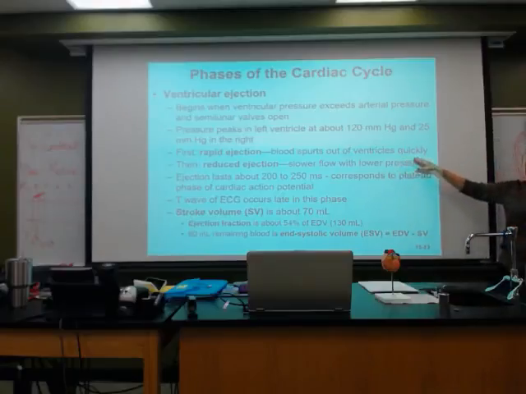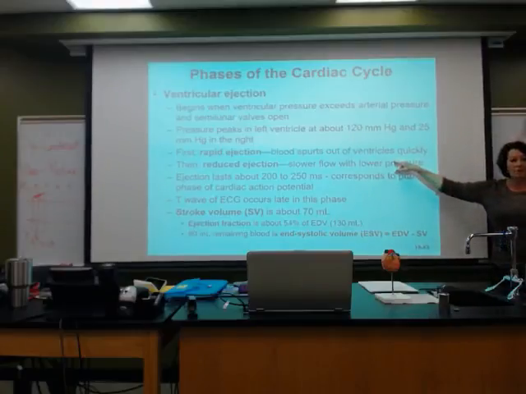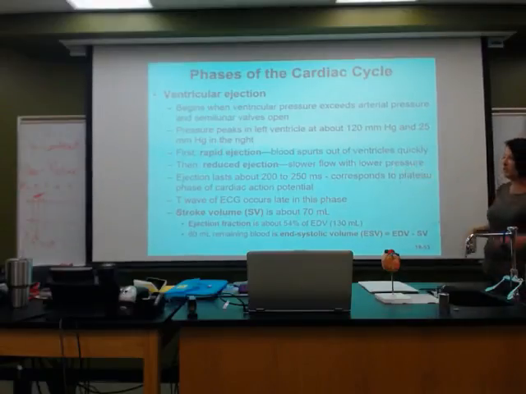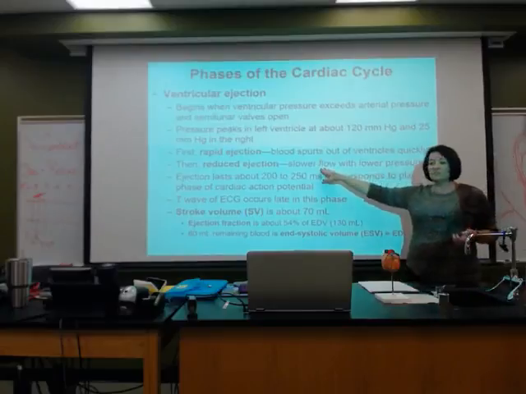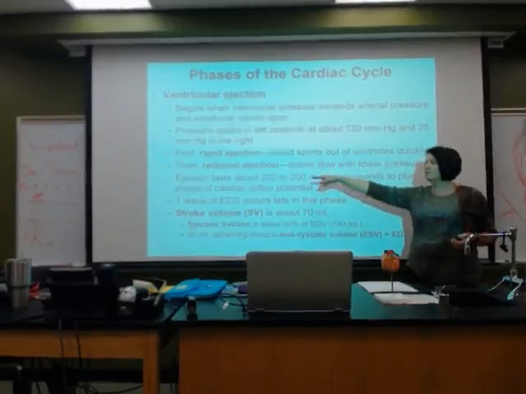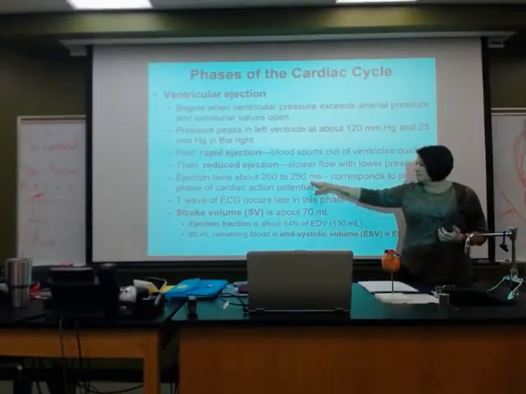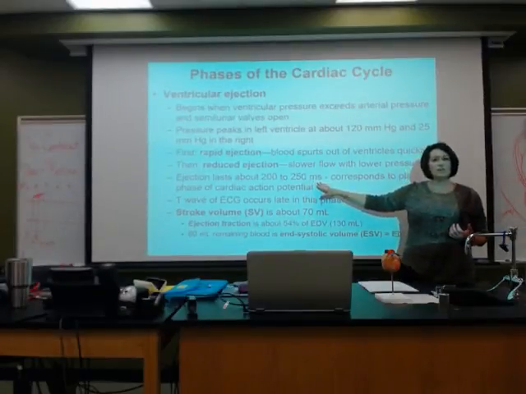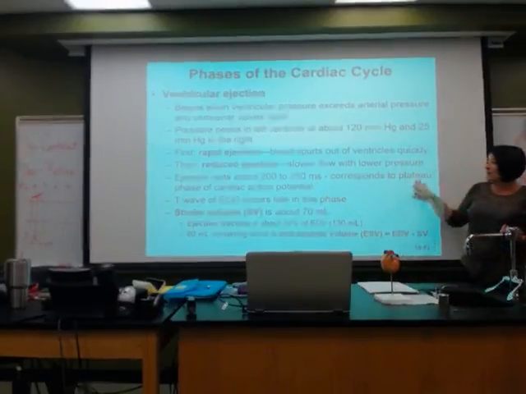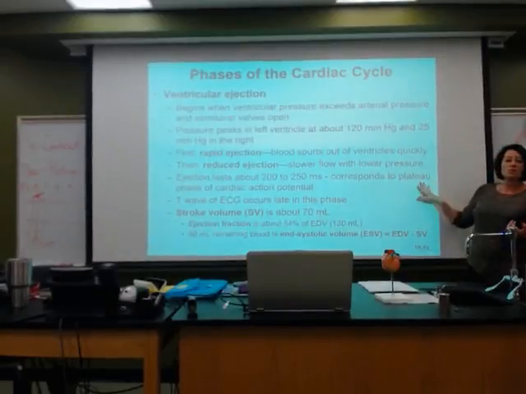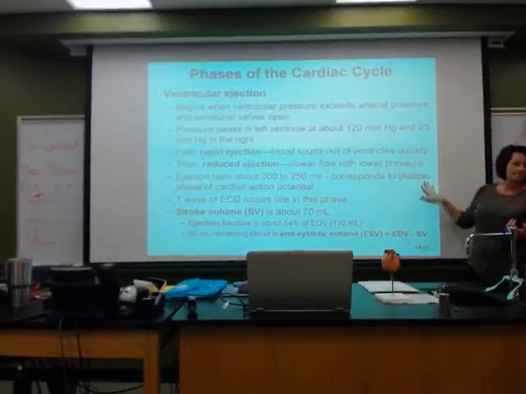The first thing that's going to happen, we get a huge ejection. So that's termed the rapid ejection of the blood. And then the slower flow is the reduced. The ejection lasts about 200 to 250 milliseconds, corresponds to the plateau.